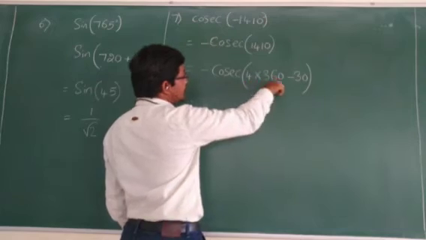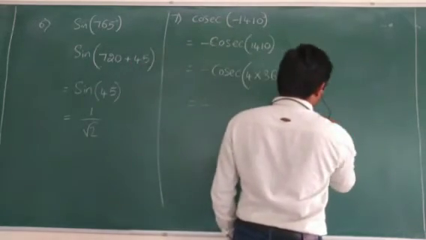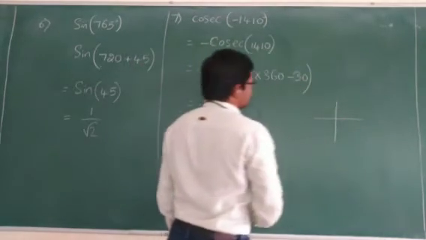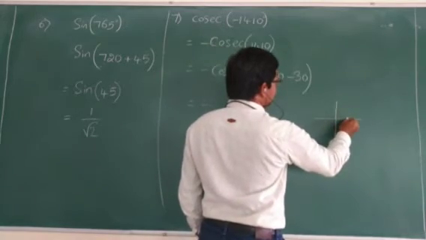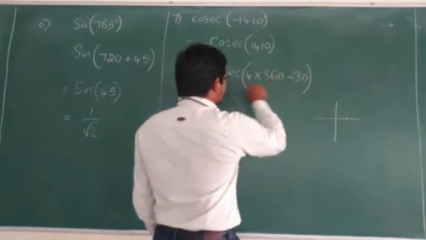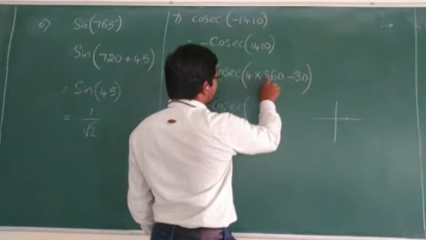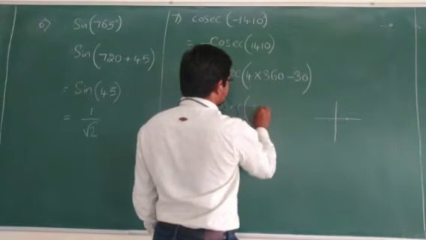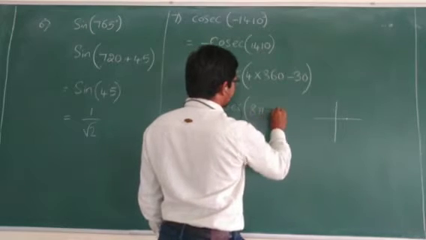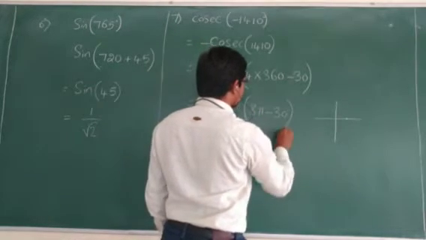Now check in which quadrant you get. So this is 2 pi. Now total here we have 4 into 2 pi, so total it is 8 pi. 8 pi minus 30.